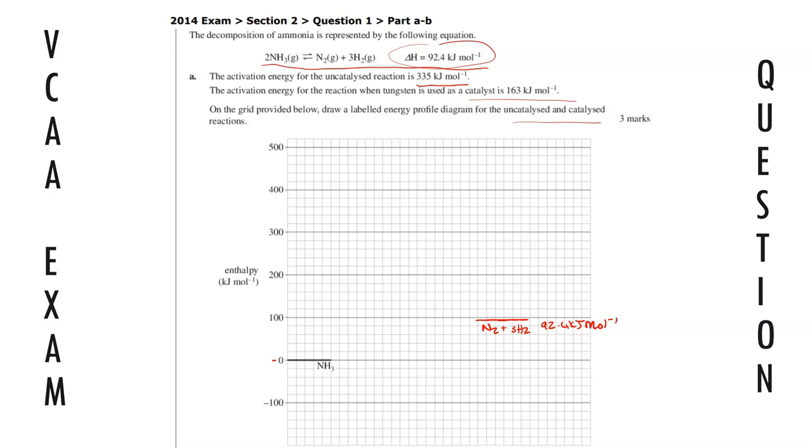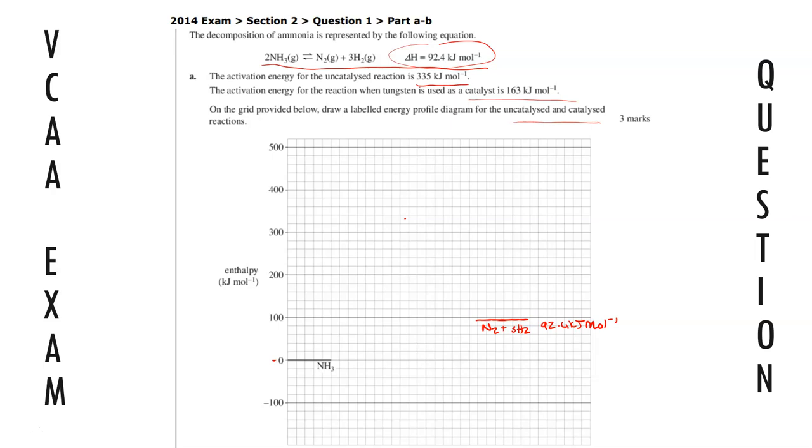Okay, and then we have the activation energy for the uncatalyzed reaction is 335. So I need to go from 0 up to 320, 40, so halfway through. I'm going to bring that across, and I'm going to make that my highest point.